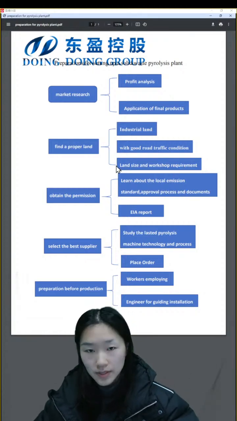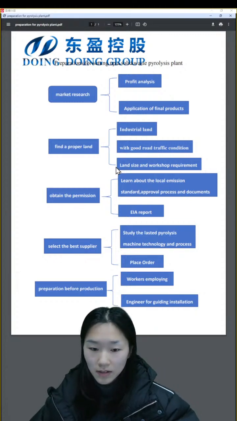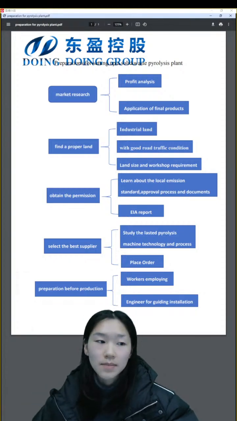For our batch type pyrolysis machine, one 20 tons per day machine will take an area of about 30 meters in length and 10 meters in width.